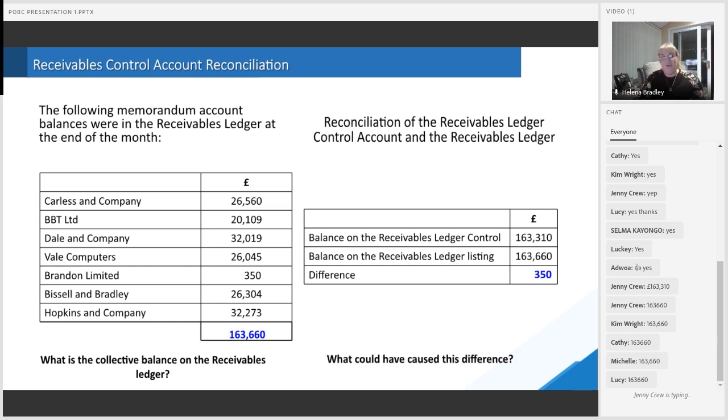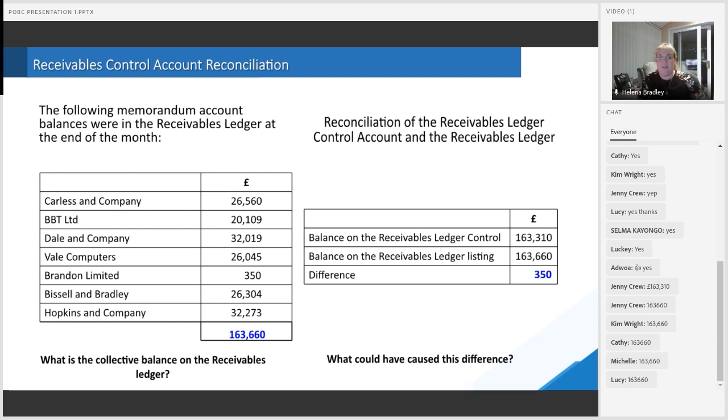Well, actually, this is quite nice, because instantly we have 2 figures that are going to point us in the right direction. Our difference is £350. And if we look at the receivables ledger, we have an account for Brandon Limited, a customer who owes me that figure. So has that invoice been missed from my receivables ledger control account?